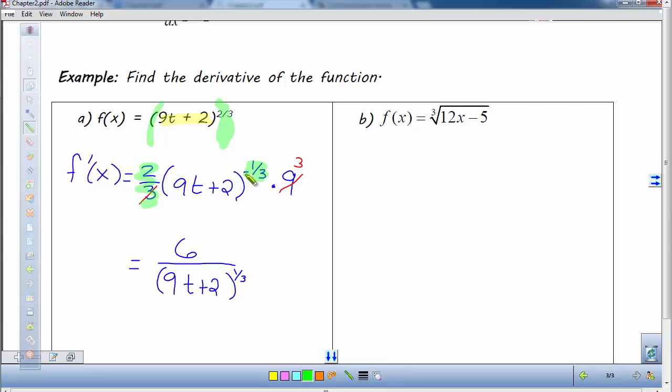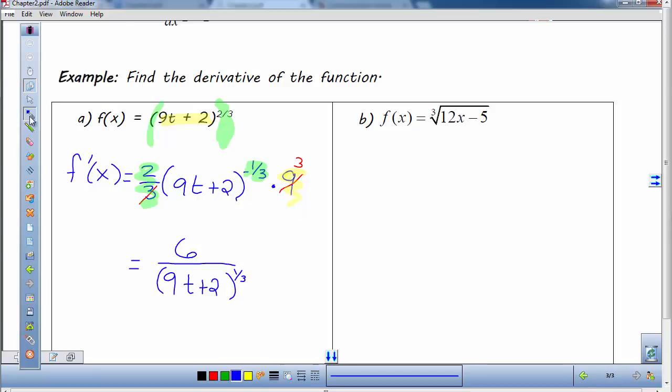I left my inside the same. And then I came over here and I took the derivative of the inside function. This is probably the most simple example for a chain rule, but the inside and outside could be anything, and we'll see that a little bit later. But for now, we'll stick with this special case that we call the general power rule.